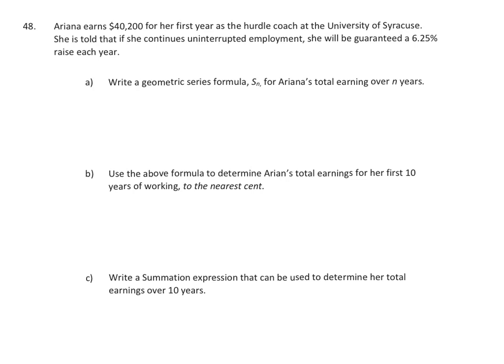Okay, I think I'm going to do number 48 with you, and then you guys can end off by doing 49 on your own. All right, so Ariana earns $40,200 for her first year. So since that's her first year's salary as the hurdle coach at the University of Syracuse, we could say that a sub 1 is $40,200.